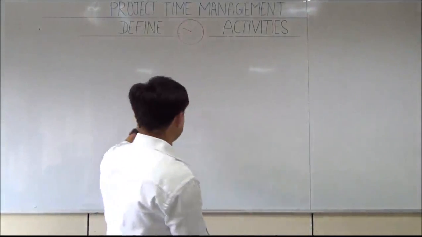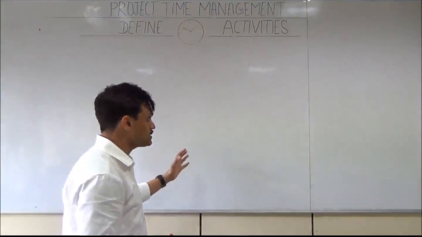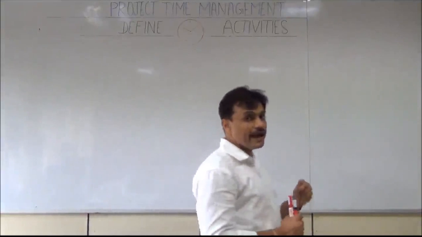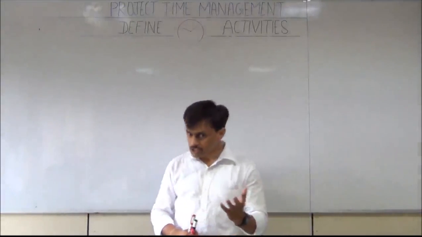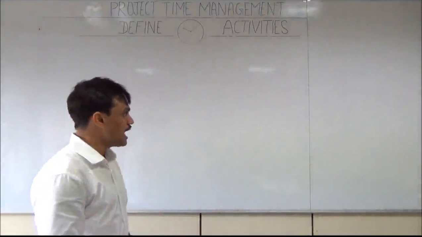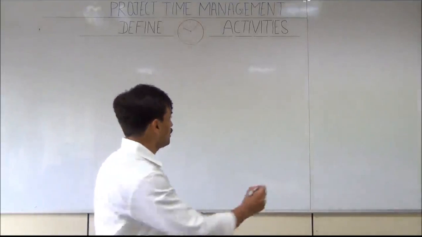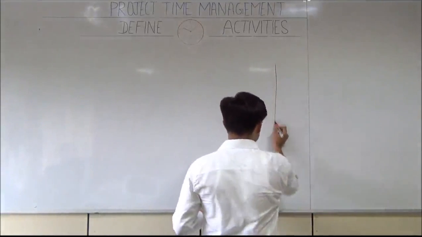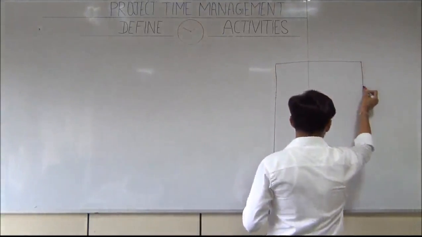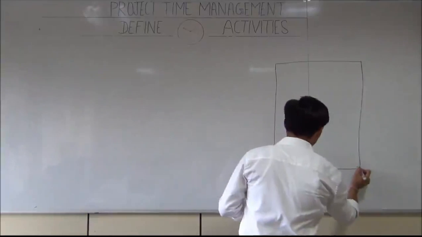Now the define activities process gives us a list of activities and milestones. So if we look in the language of inputs and outputs, the define activities process gives us a list of activities.